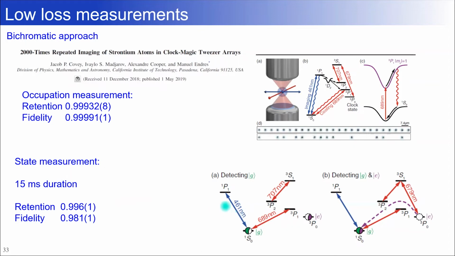This is more complicated, but they used one of the metastable states as part of the measurement protocol here and could selectively excite to those metastable states to get a state measurement, not as good as just the occupation measurement, but better than 2 nines for the retention, and about 98% fidelity. This is about a 15 millisecond duration measurement.